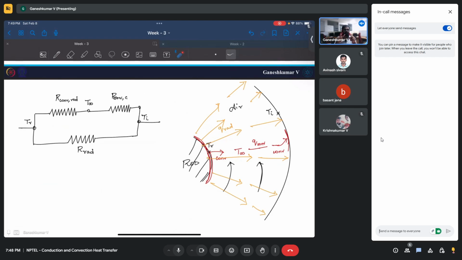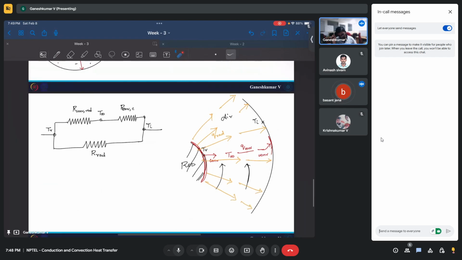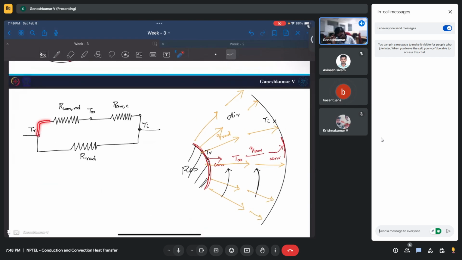So when you have two Q pathways, you will have parallel resistance. The total Q which comes out goes through Q convection, and the remaining goes as Q radiation. But it all goes to the same surface, the other surface Ti.